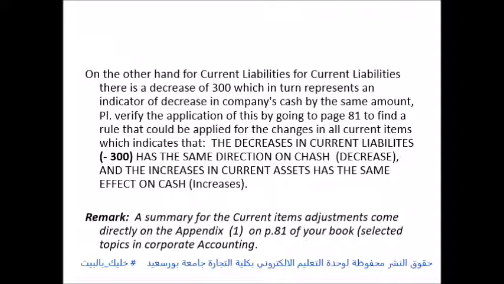A decrease in cash of 300 would be accompanied by a decrease in current liabilities, which has the same direction as the cash decrease. A summary of current items adjustment is given directly in Appendix 1 on page 81.